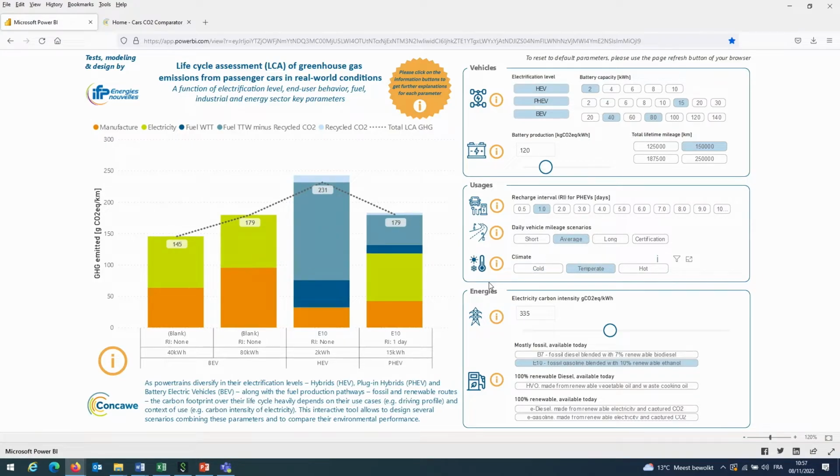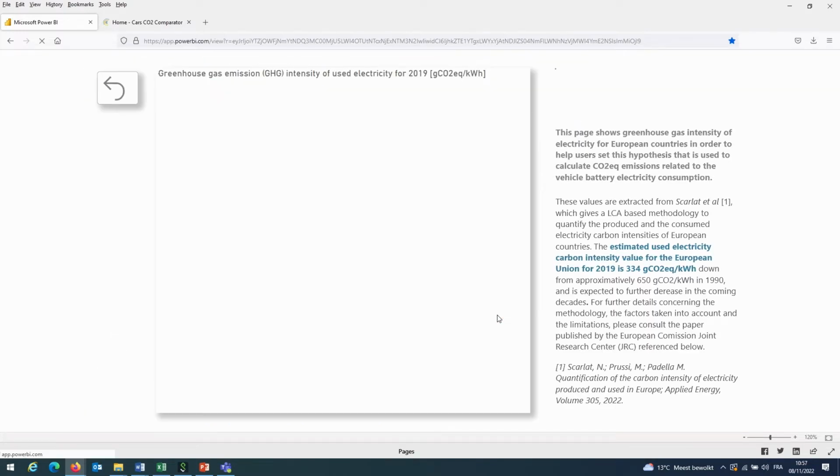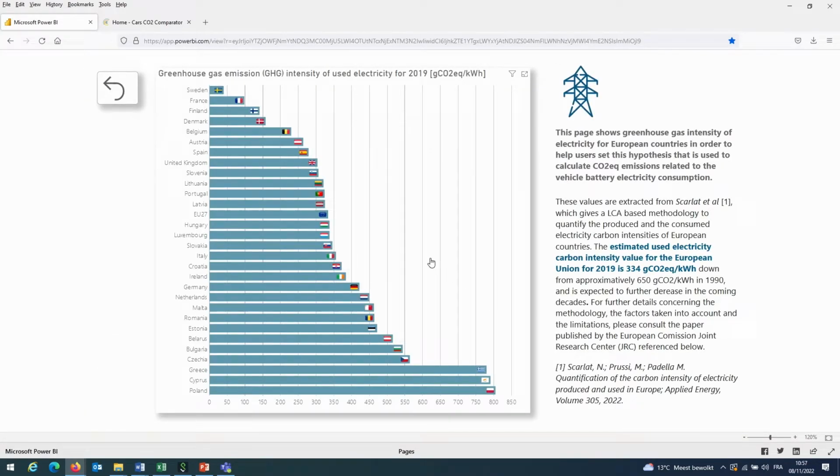Last but not least, you have the energy carriers, starting with electricity. And to guide you through the emissions related to electricity, we have extracted data out of a scientific paper written by the Joint Research Center, which is a research center from the European Commission. And they have found out that from a life cycle perspective, the CO2 emissions of producing electricity in 2019 in Europe is 334 grams of CO2 per kilowatt hour.